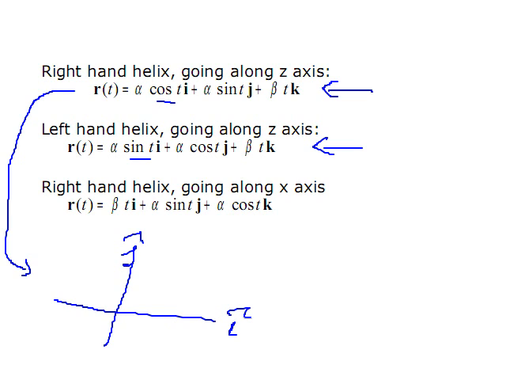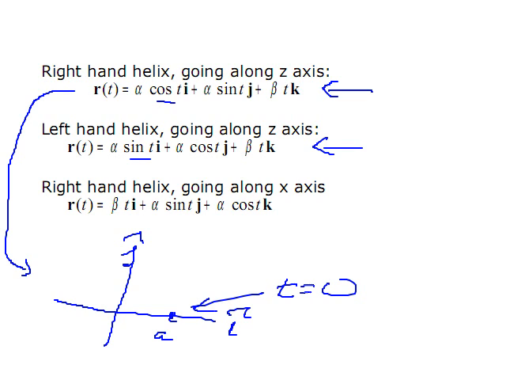If I start here when t is 0, then forgetting beta for right now, the j term is 0, the i term has value alpha, so we're sitting here at alpha. So this is t equals 0.